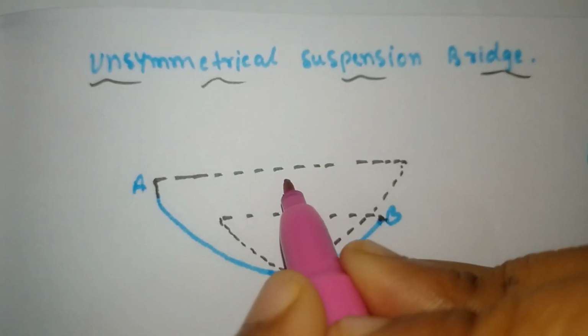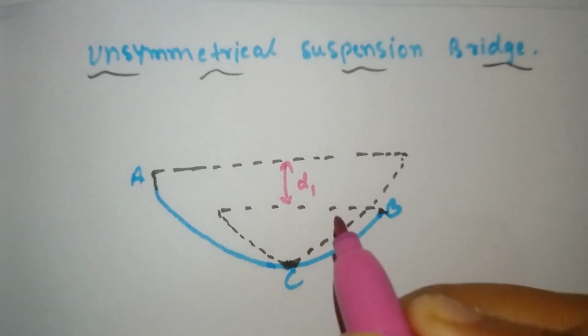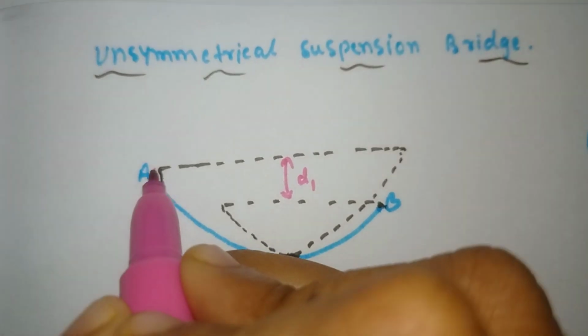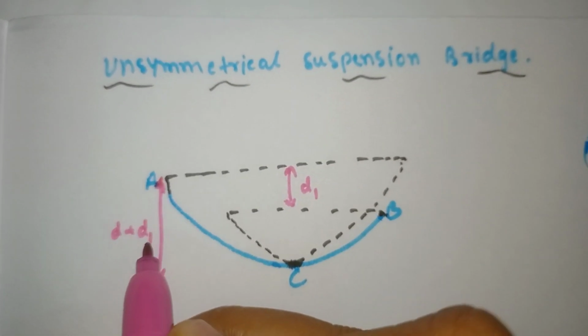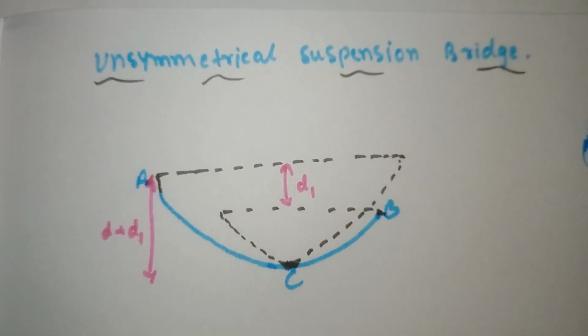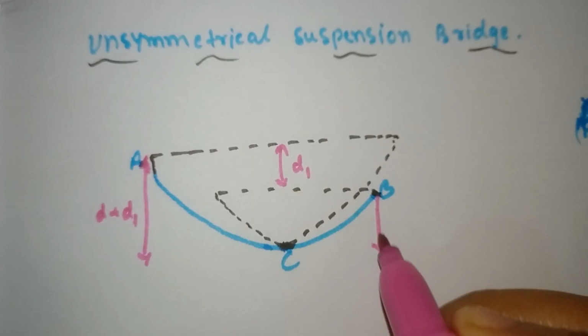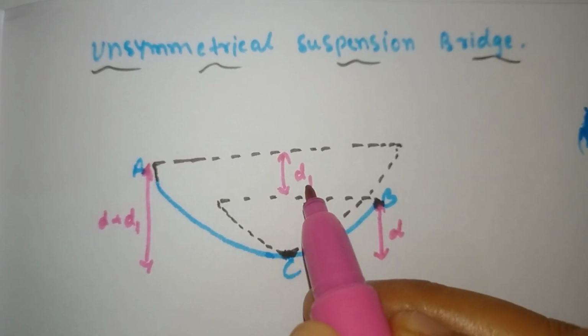Now from here to here the distance we call D1, and from here to here the distance will be D plus D1, and from here up to here is D. So here to here is D, here to here is D1.